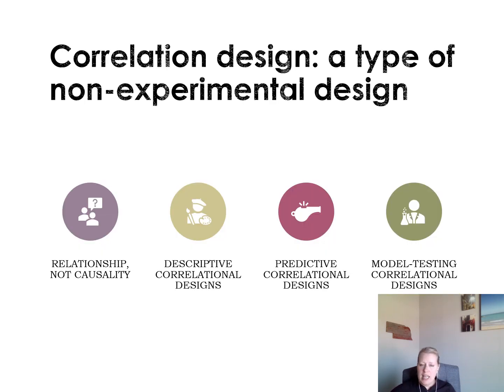A correlation design then takes it just a step further from a descriptive design, and it says, so how is this related to this? So if they like chocolate ice cream, do they like ice cream cones? I don't know, that's a really bad example, but it's kind of looking at relationships.